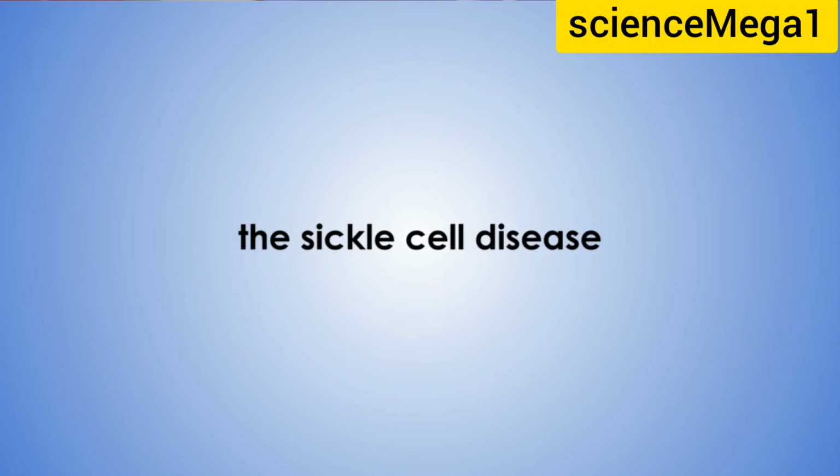For example, 2 adults, a man and a woman, may carry the gene which causes sickle cell disease. If the 2 should marry, chances are that each of them would contribute one of the sickle cell genes to their offspring. The offspring would then suffer from the sickle cell disease. When they are advised through genetic counseling, the situation could be averted or prevented.